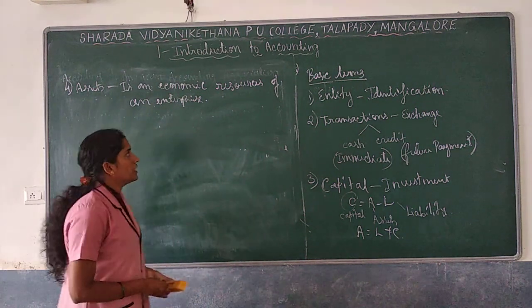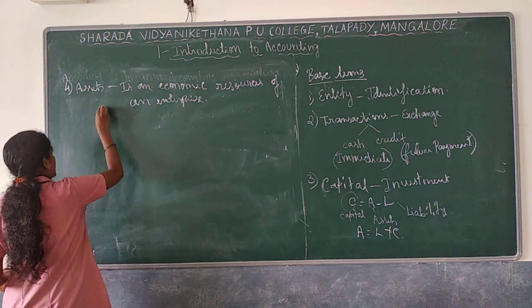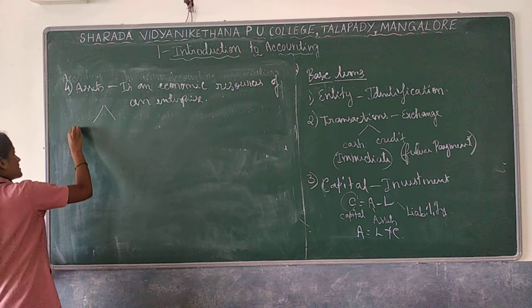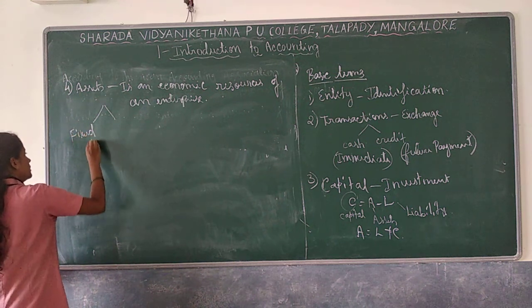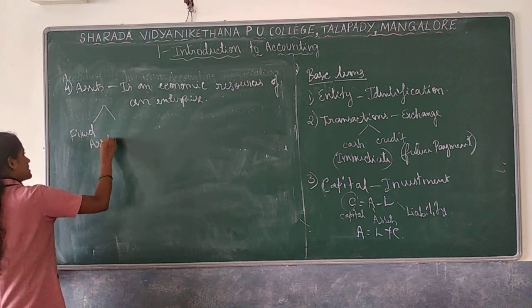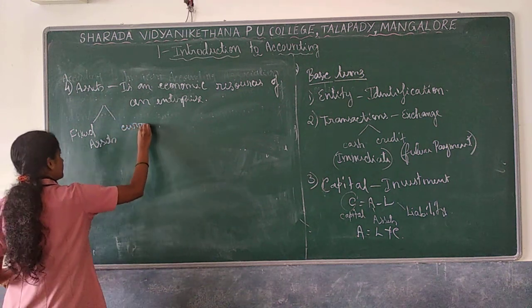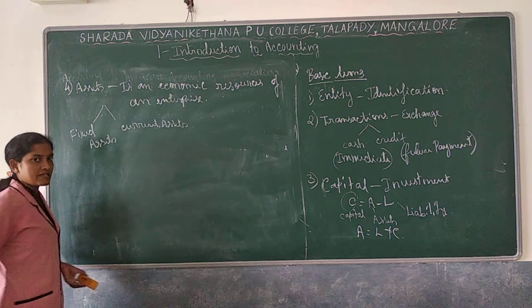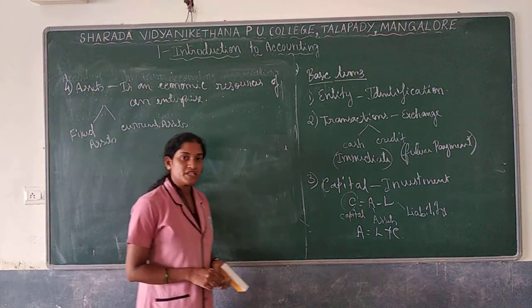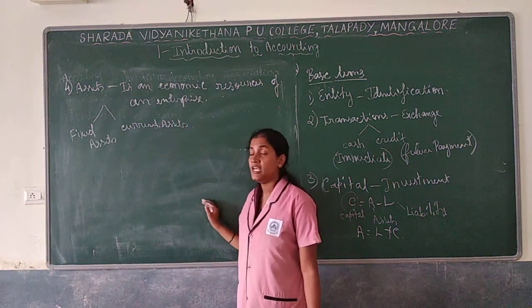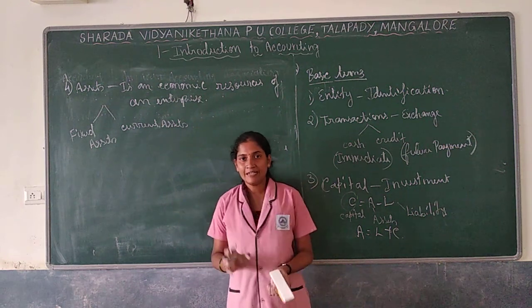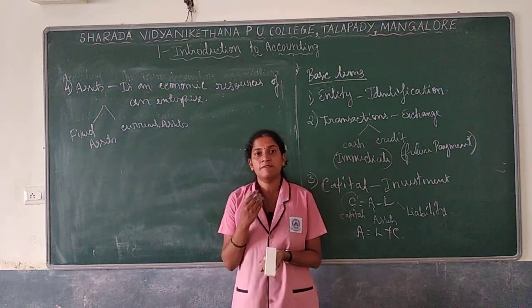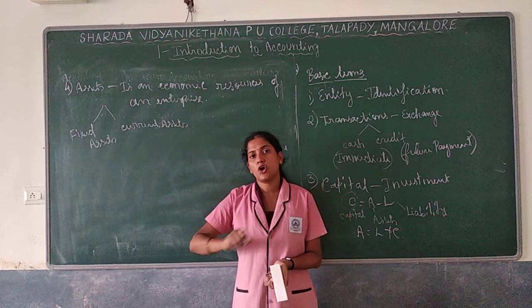Okay, the asset is divided into two types: fixed asset and current asset. What is a fixed asset? Fixed asset is the asset which is fixed, for a long period of time.